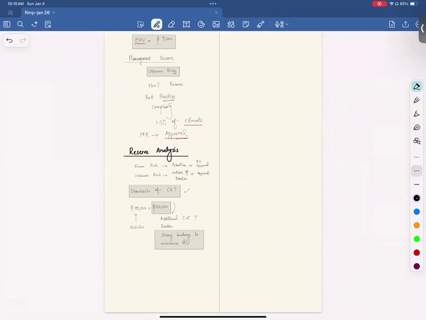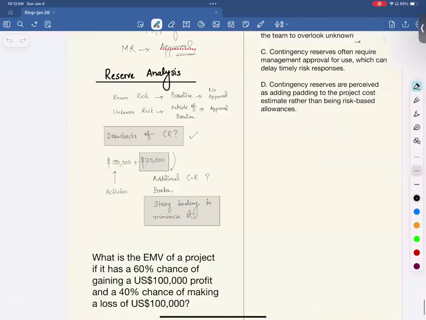Just give me a second. That question is about how you can calculate reserve, or how you can calculate expected monetary value, EMV. Okay, I hope you could see it.